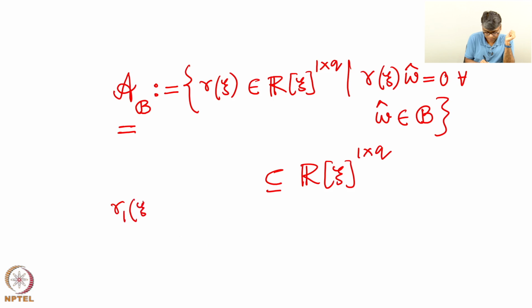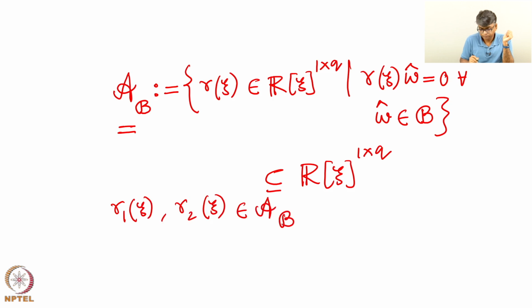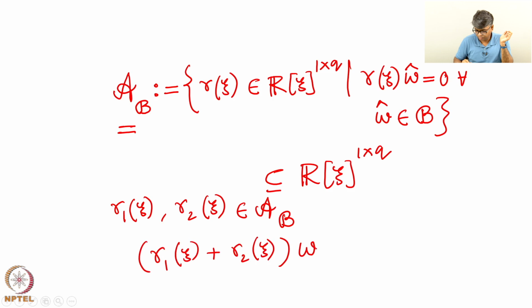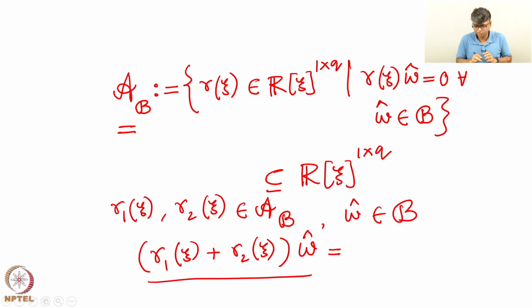R1 xi and R2 xi both are, let us say, annihilators. If both are annihilators, then when R1 xi plus R2 xi acts on an arbitrary W hat from B, what happens? Because it is a differential operator, it is a linear operator, so it is distributive.